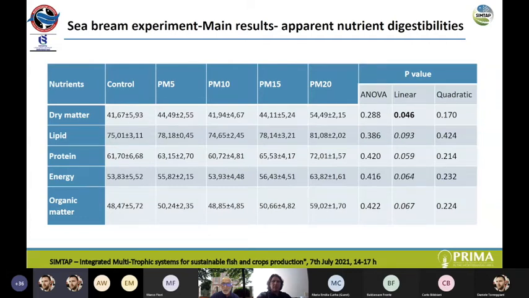And also we saw similar tendencies, not significant, but we can say significant tendencies, a linear increase with the polychaete meals in diets in lipid, protein, energy, and organic matter digestibilities.